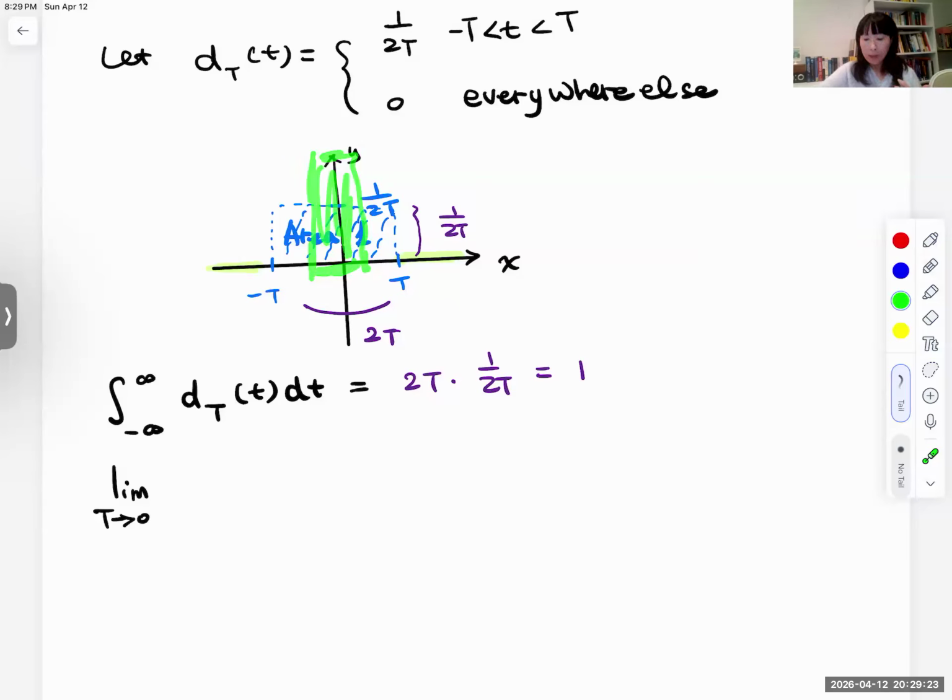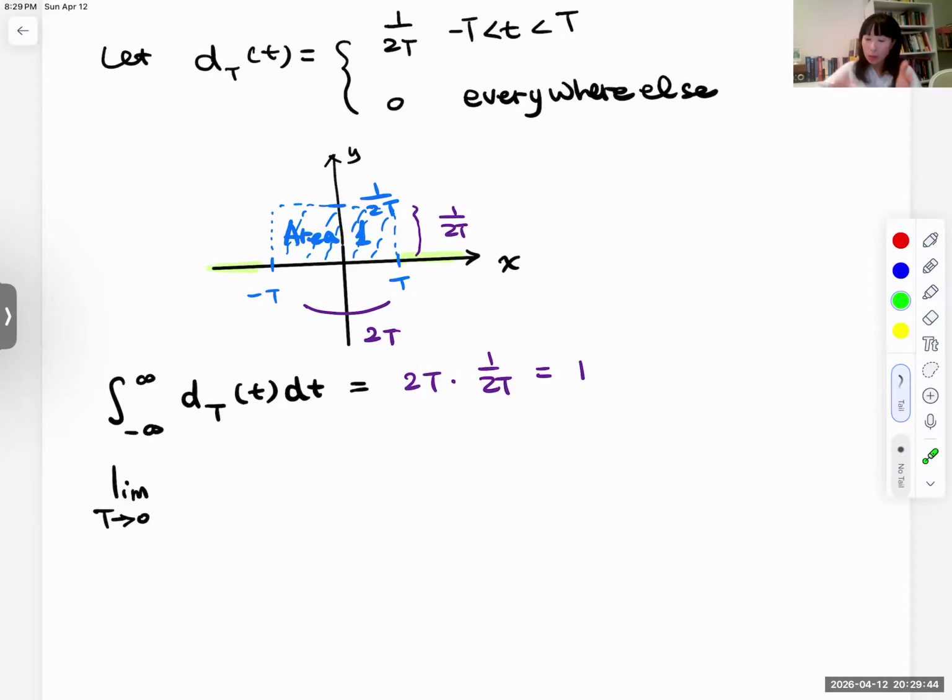Let's make it more narrow, negative t and positive t, with 1 over 2t here. Also area equal to 1 for the same reason.